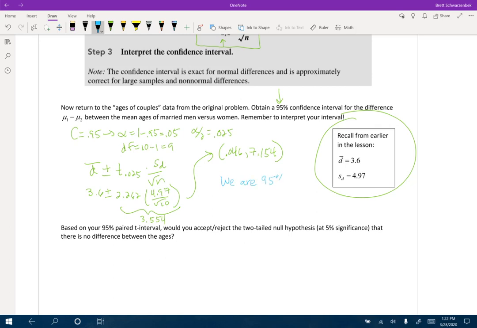Okay, so if we were to summarize that in a statement, interpret it, we would say we are 95% confident that the difference in age for married couples is between 0.046 and 7.154 years.